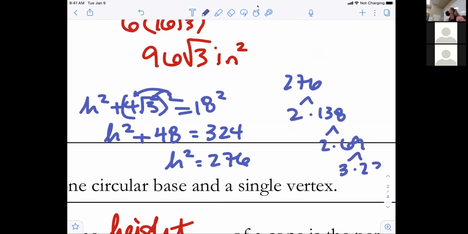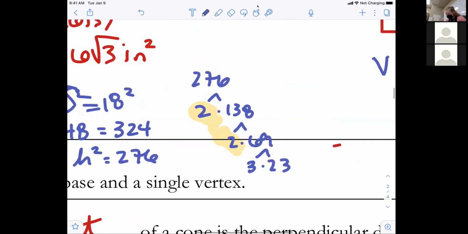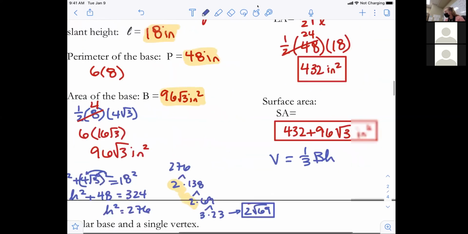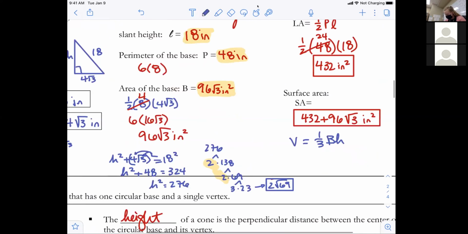Ooh, and that's a prime. I can take a 2 out though. So this becomes 2 root 69. Oops, sorry. And then now that's my height.